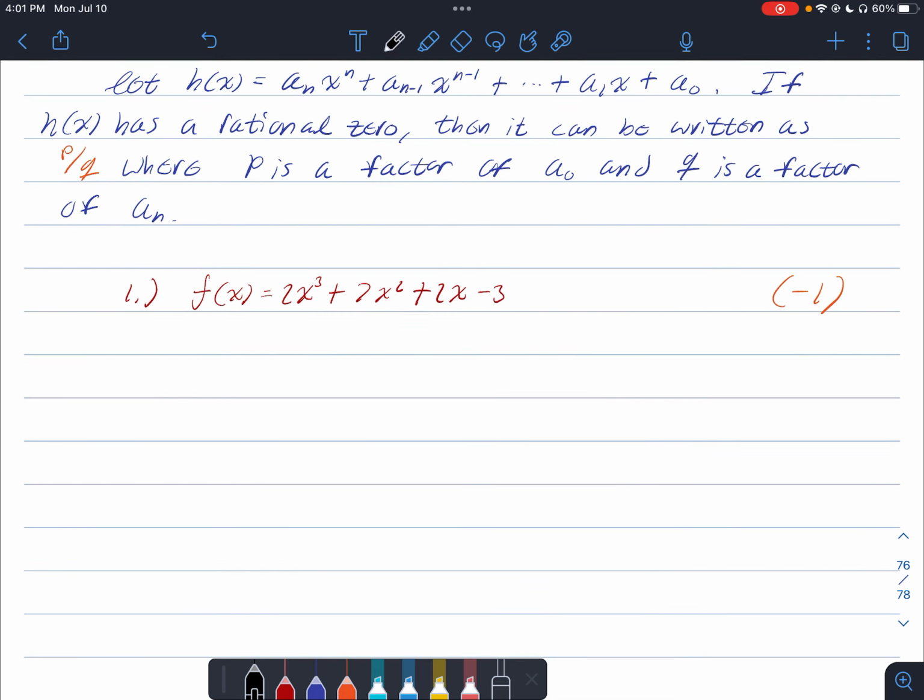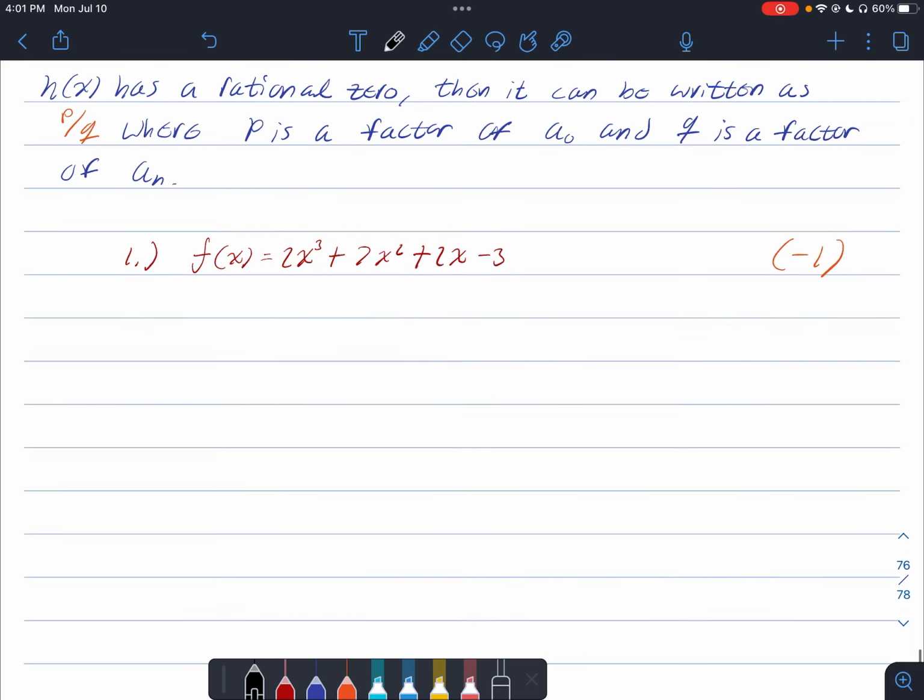Here we have f of x equal to 2x to the third plus 7x squared plus 2x minus 3. All of our rational zeros are going to be of the form p over q, where p is a factor of a sub 0, in this case negative 3, and q is a factor of a sub n, in this case 2. Let's list these.